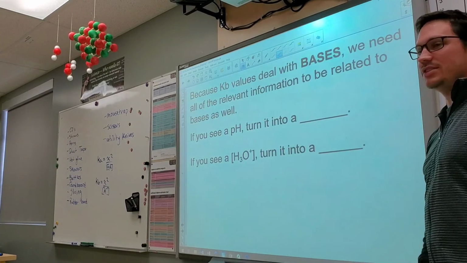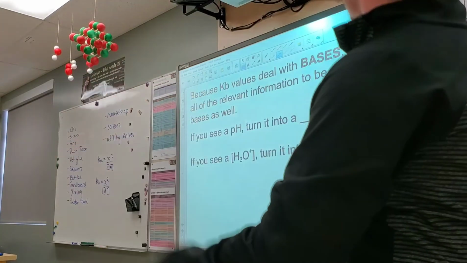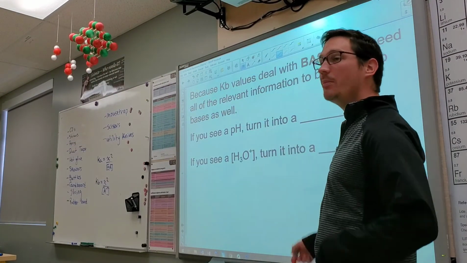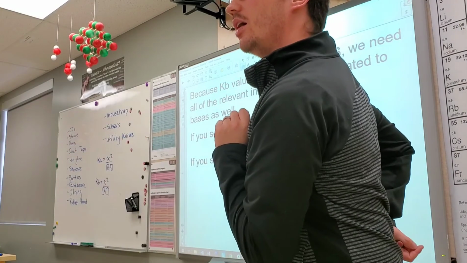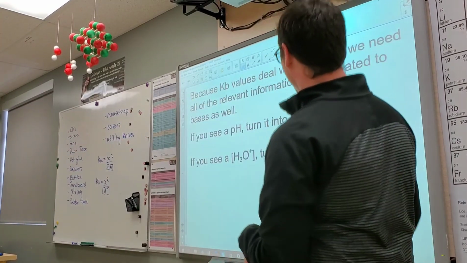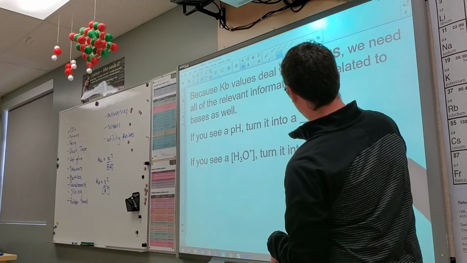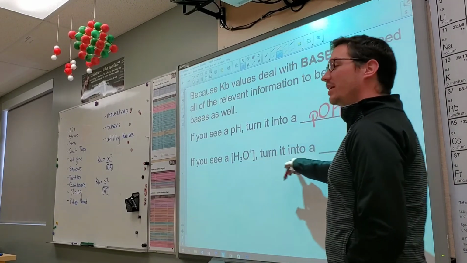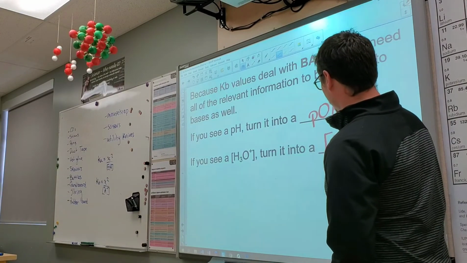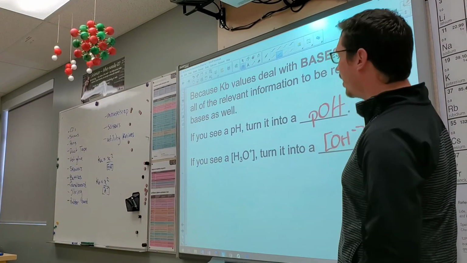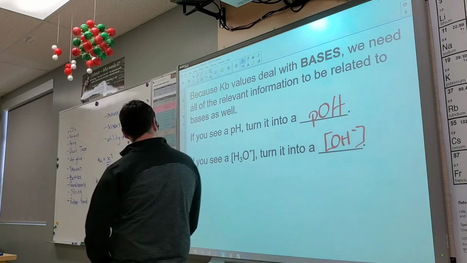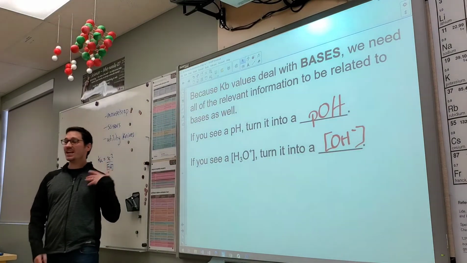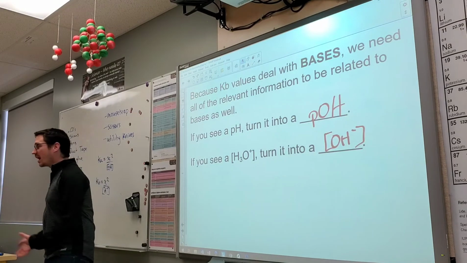Because KB values deal with bases, we need all the relevant information to be related to bases as well. If you see a pH, turn it into pOH. If you see hydronium, turn it into hydroxide. Does that make sense? This is like the dark side in Star Wars.